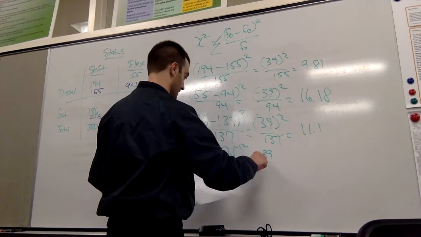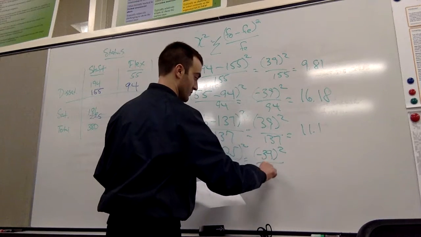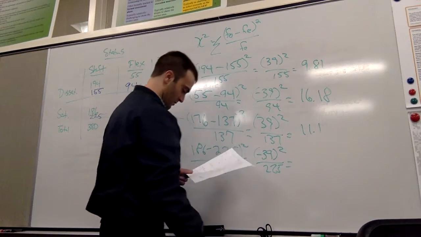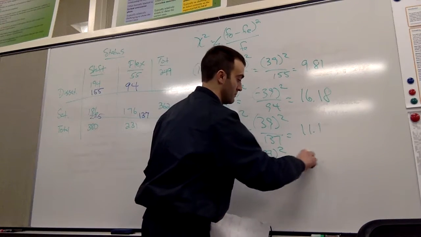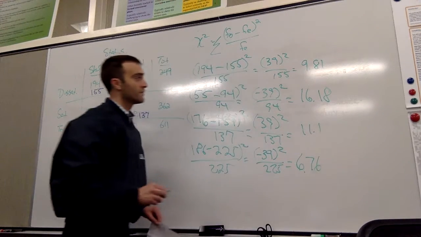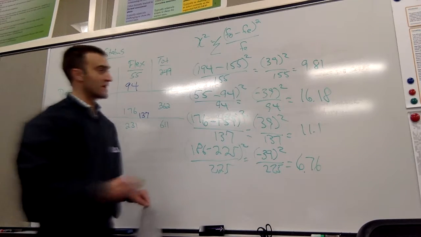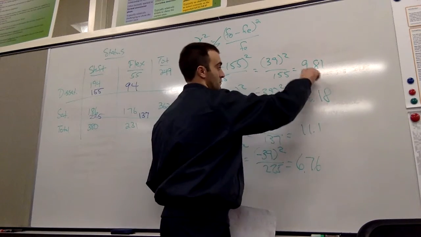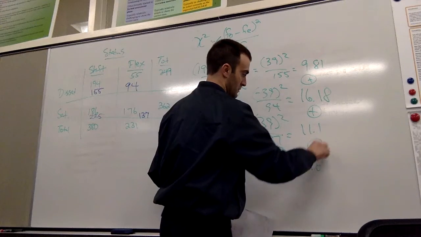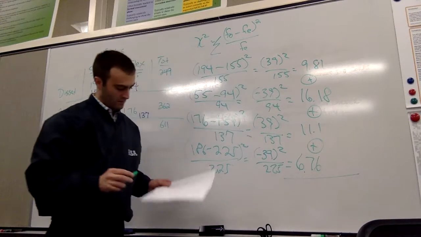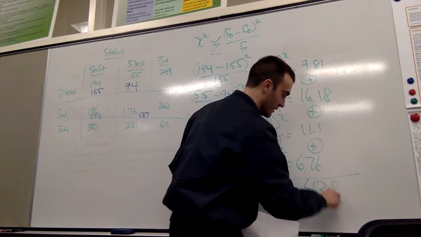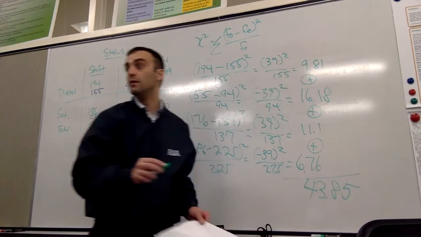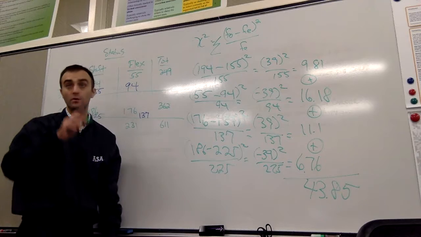And 39 squared over 225 is 6.76, close. The last step, just add all these up. And I get roughly 43.85 is our chi-square value.